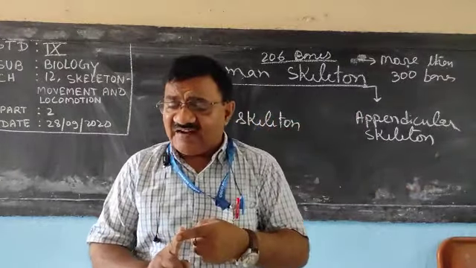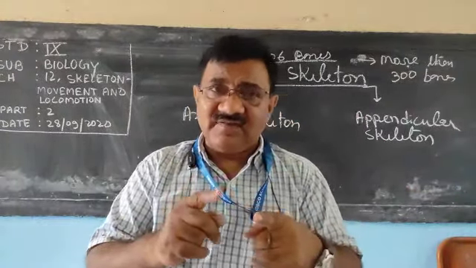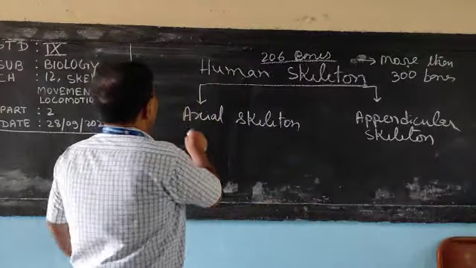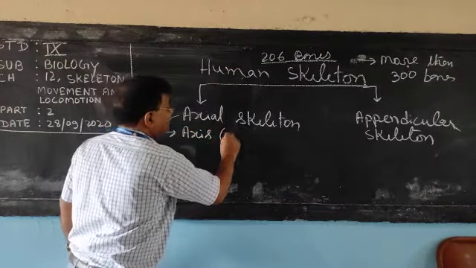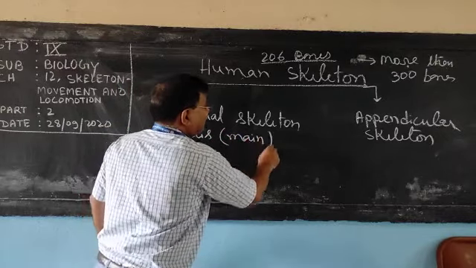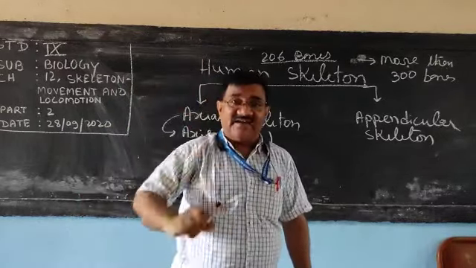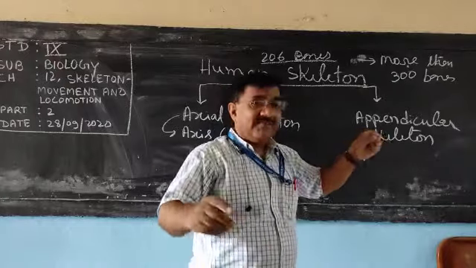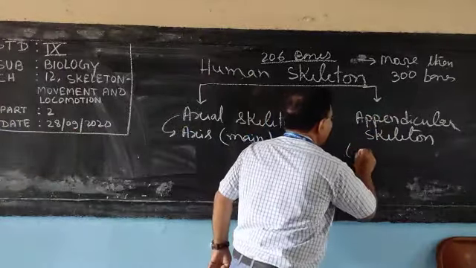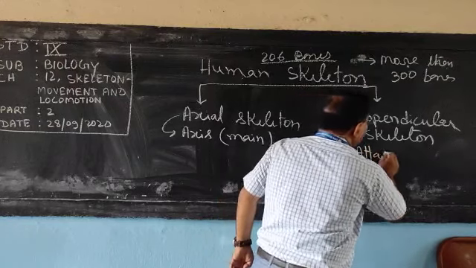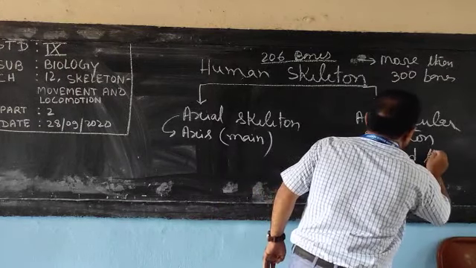Now, try to understand the meaning of axial. The word axial comes from axis, meaning main, so it means the main skeleton, and appendicular means the others are attached to the main.